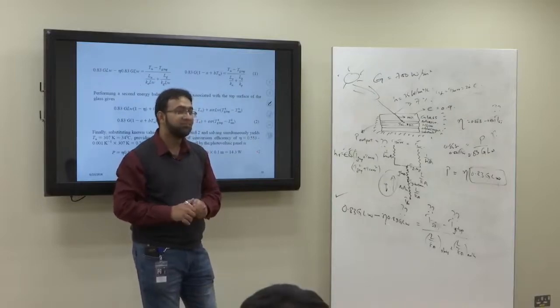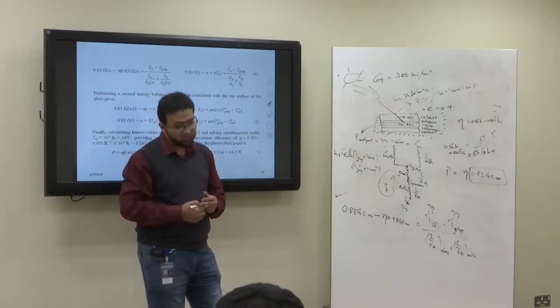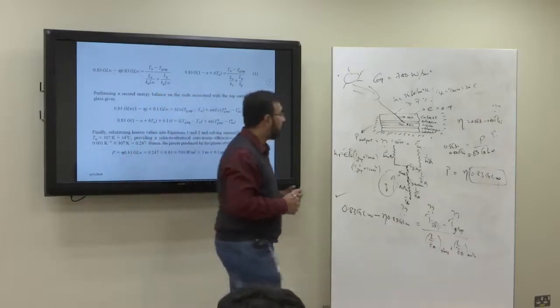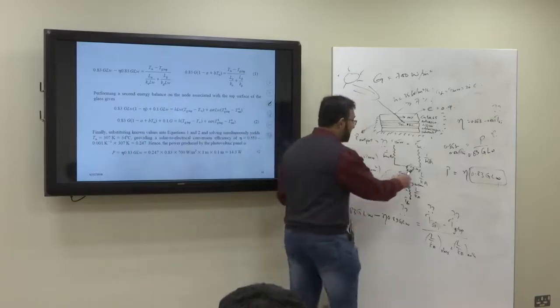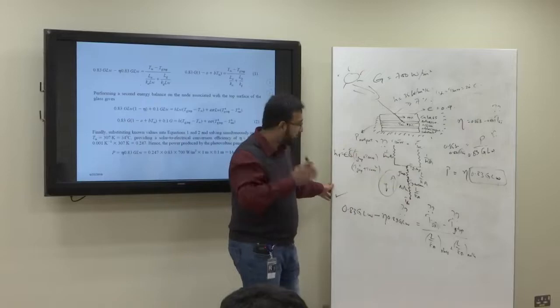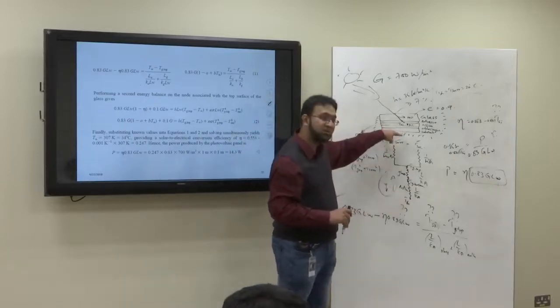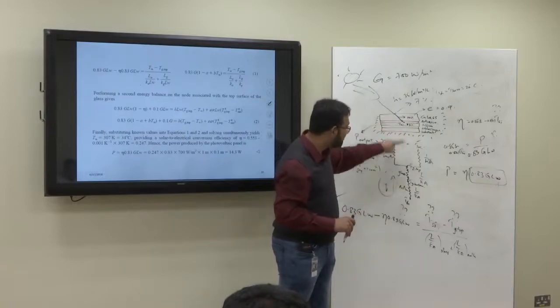Now we have two unknowns, so we need another equation. Now we can develop an equation between TG top and outside. One may think, why didn't we directly develop an equation between TSi and outside? Why did we do it in two steps?